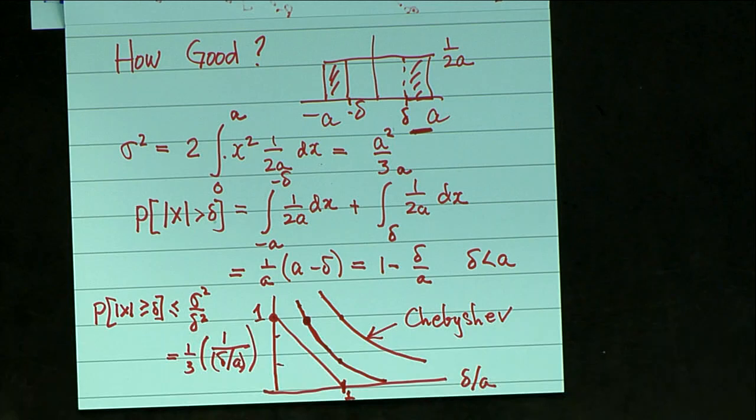This is the Chebyshev approximation. This is the actual computation. Professor, maybe we should add a square in that result. It's 1/3 multiplied... Well, when delta over A is 1, Chebyshev says 1/3.